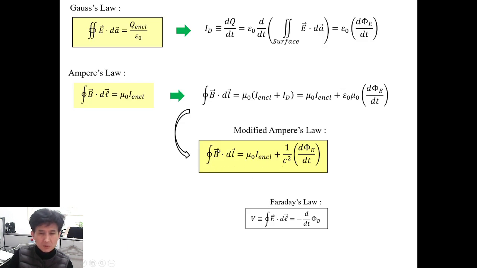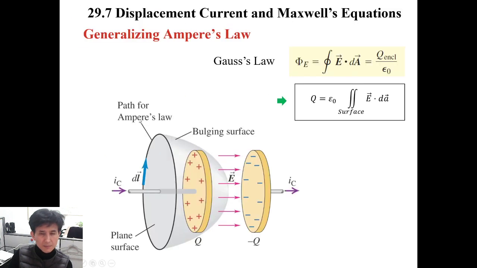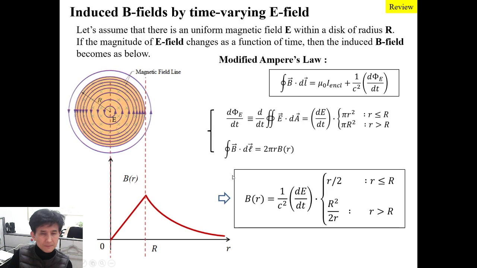Right. So in this case, the modified Ampere's law, if there is no physical current, we have this situation, and this is the cross section of a capacitor I have discussed here. If there is a uniform electric field and the electric field changes, it generates a magnetic field.